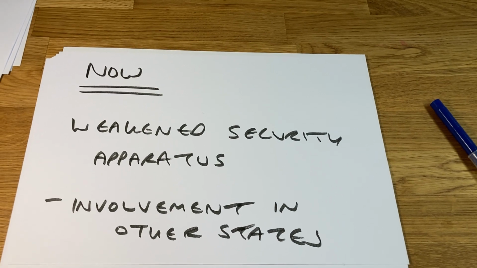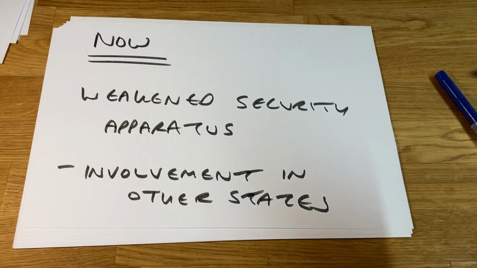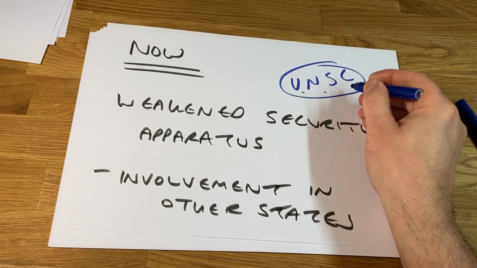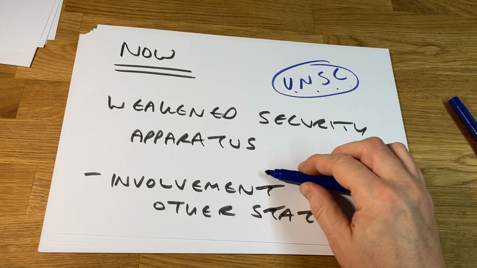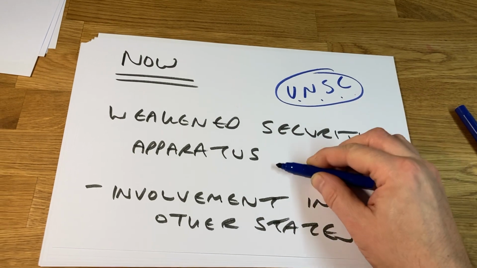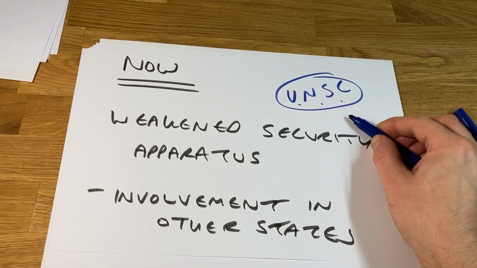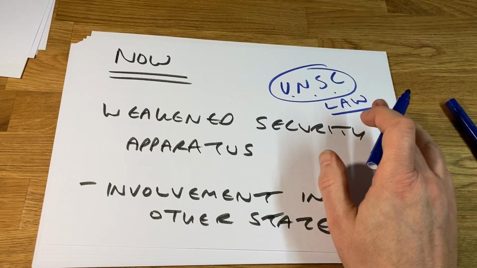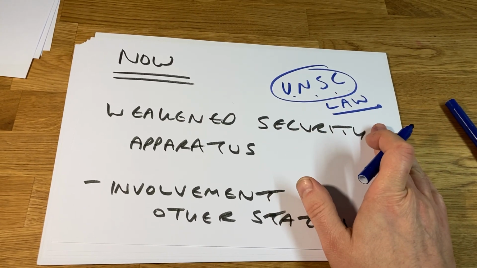The security apparatus that has kept us safe, the United Nations Security Council, is divided. So it's very easy for the United Nations Security Council to make decisions on what isn't and isn't a legal right of when a state has gone to war.